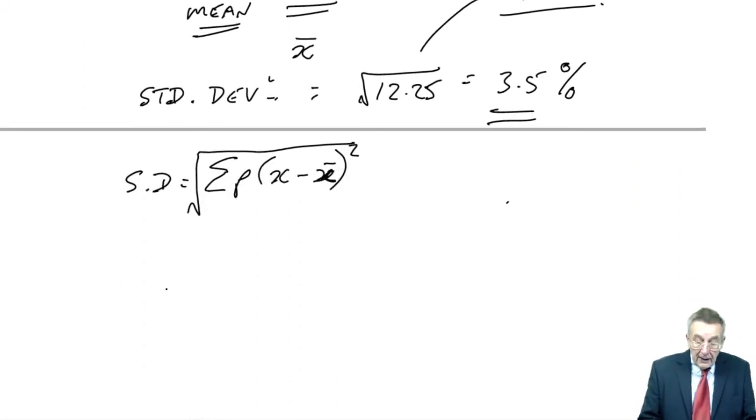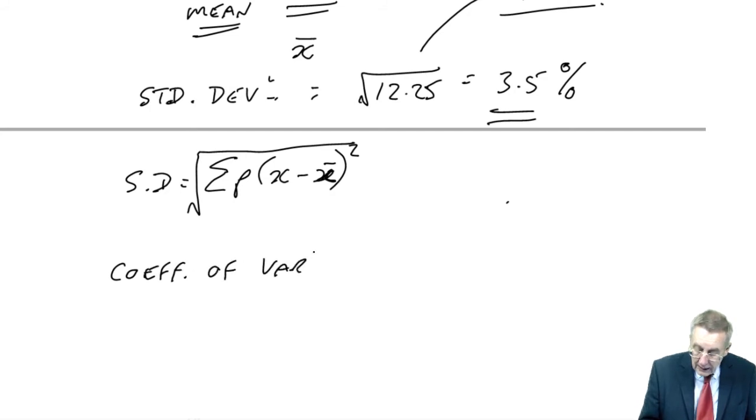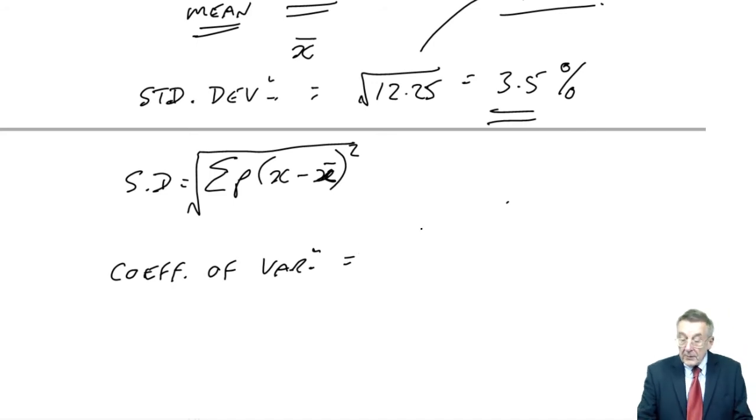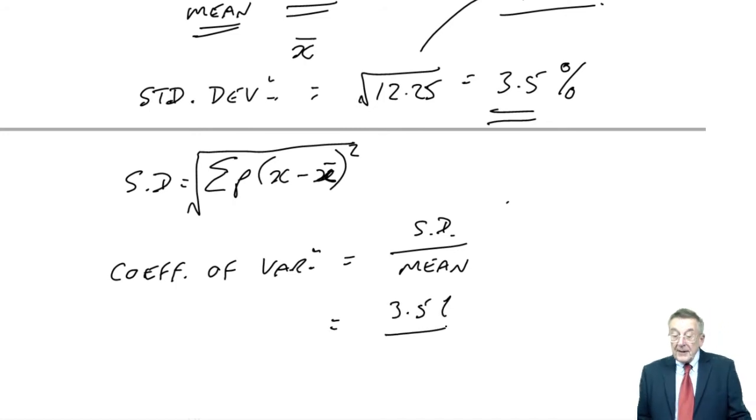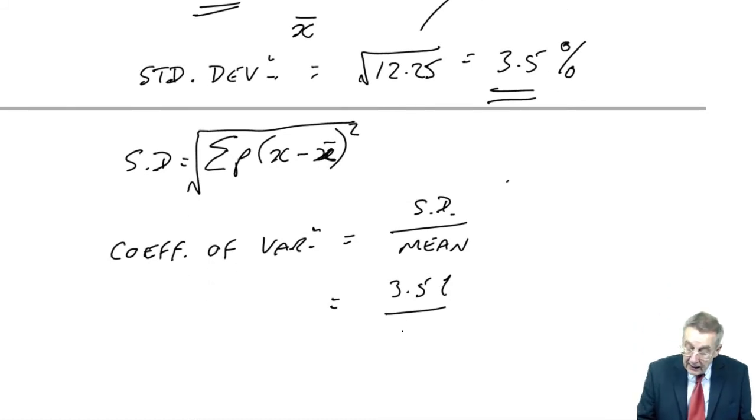relevance, the coefficient of variation, you can see there, you're given the formula, is the standard deviation divided by the mean. Standard deviation 3.5%, the mean 15.5%.